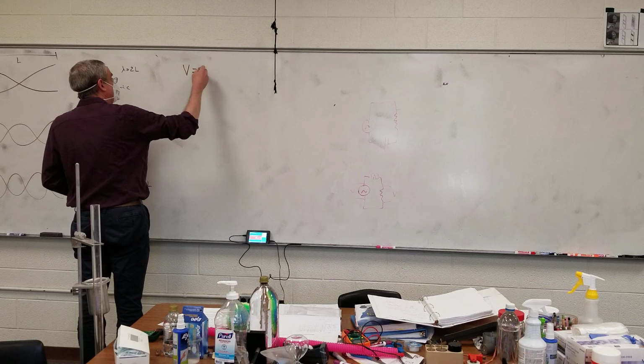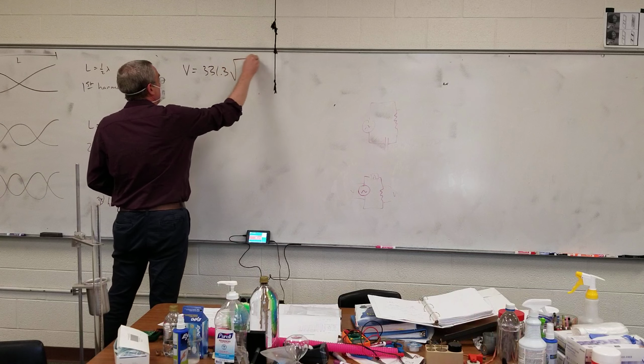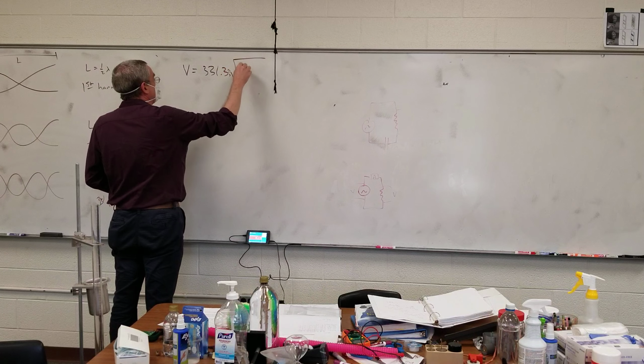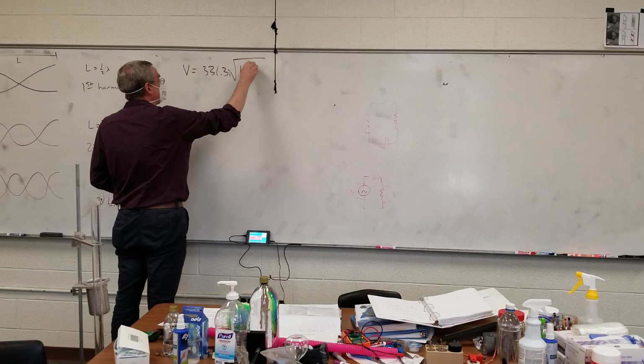So, good formula: 331.3 meters per second times the square root of 1 plus the degrees in Celsius over 273.15.